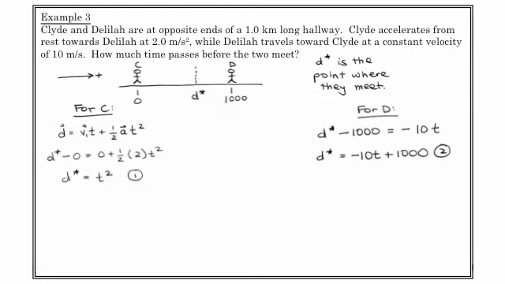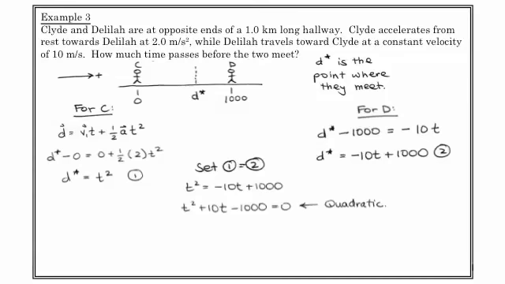So we have two equations, and we have two unknowns. And we can solve two equations and two unknowns. Let's just set equation 1 equal to equation 2. And we end up with t squared is equal to minus 10t plus 1,000. Because we have d star on the one side, we have d star on the other side. Let's just eliminate it altogether. And this, of course, if we rearrange, is a quadratic.